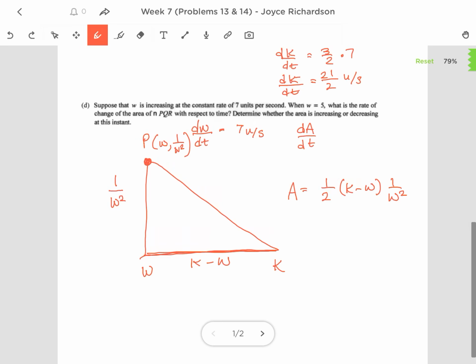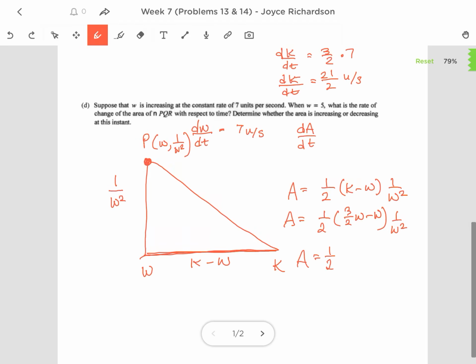What do I know? I know that there is a relationship between k and w. So what I did before I took any sort of derivative is I said, well, I know that k is equal to 3/2 w, minus w, and then I have 1 over w squared. So I haven't even taken a derivative.